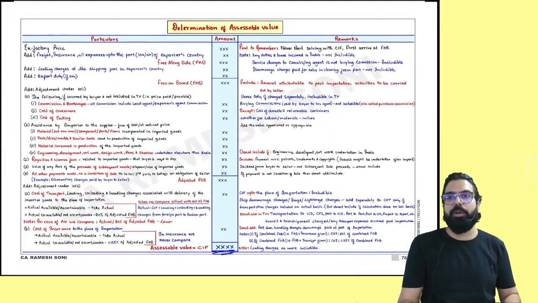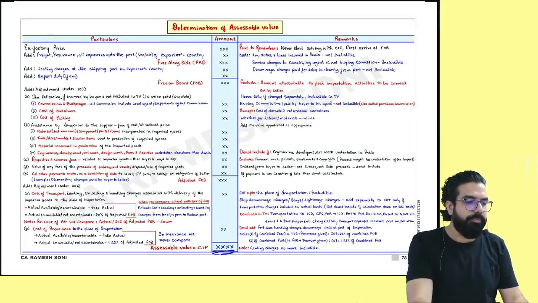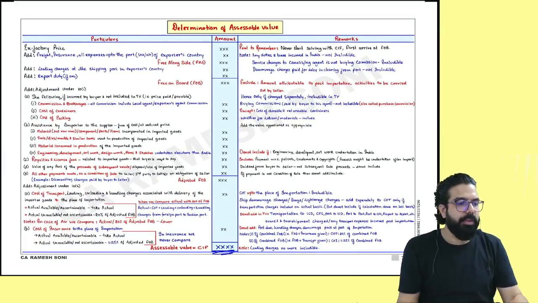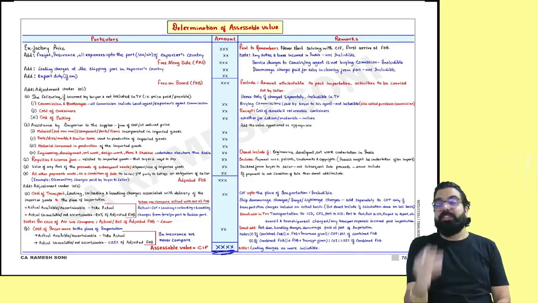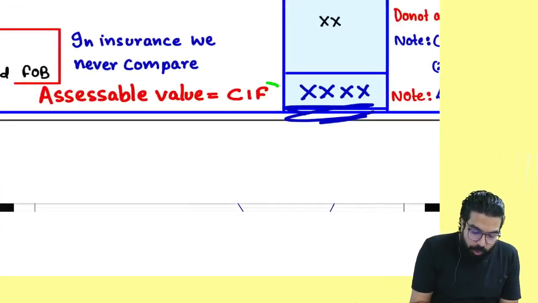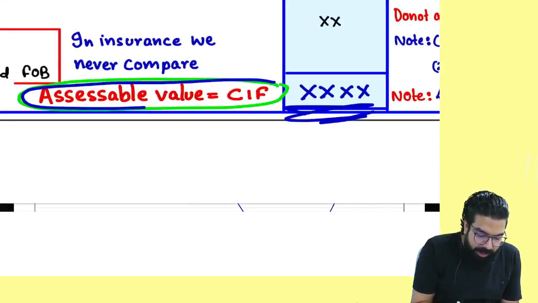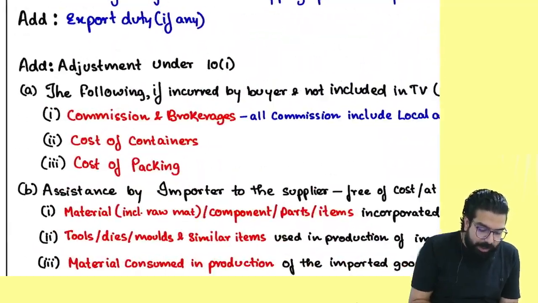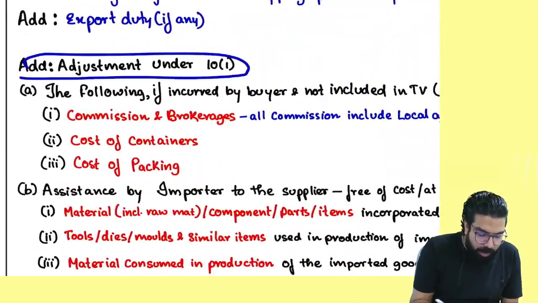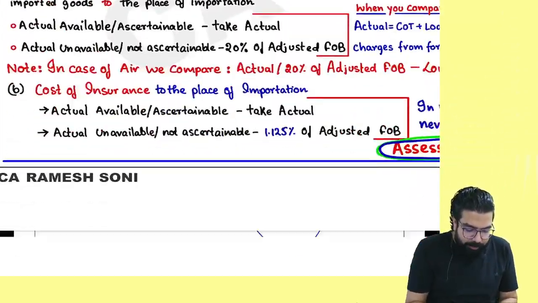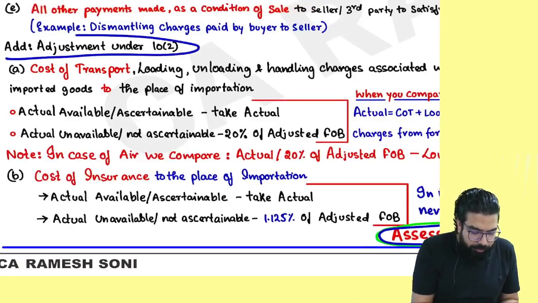Please come to the next page, everyone. Everyone over here now, listen. You have to arrive at the CIF price. For that, you always have to do the adjustment under section number 10.1 and adjustment under section number 10.2.